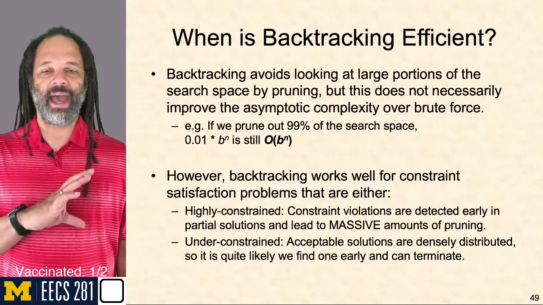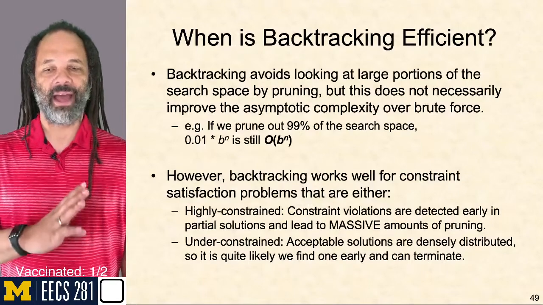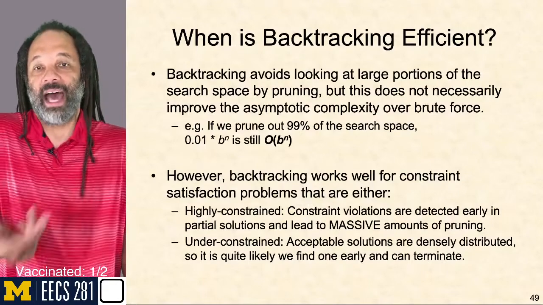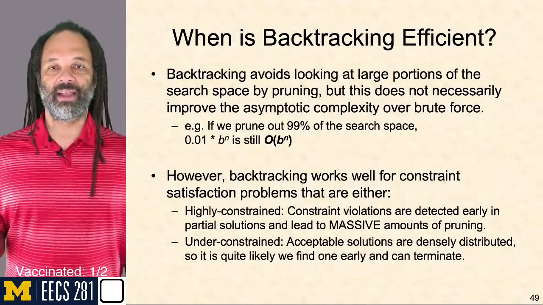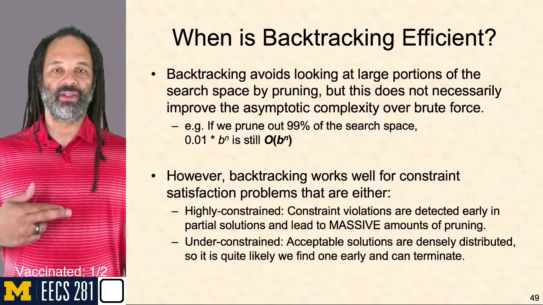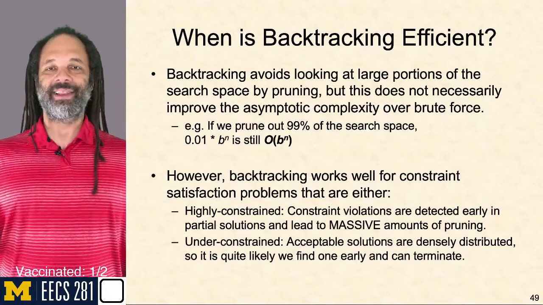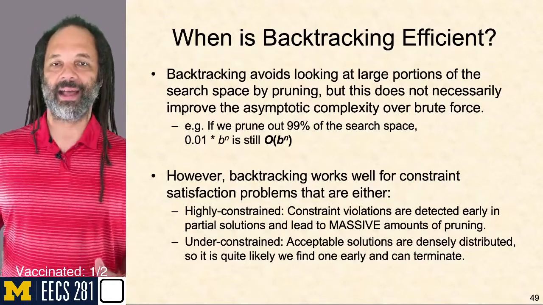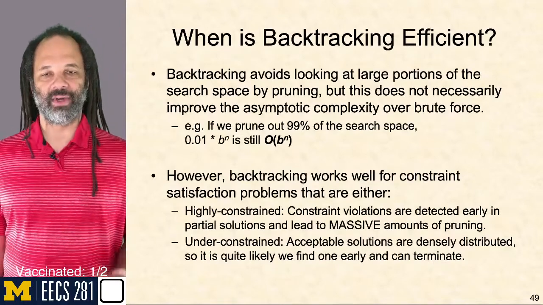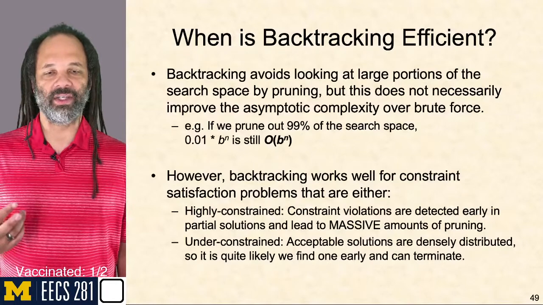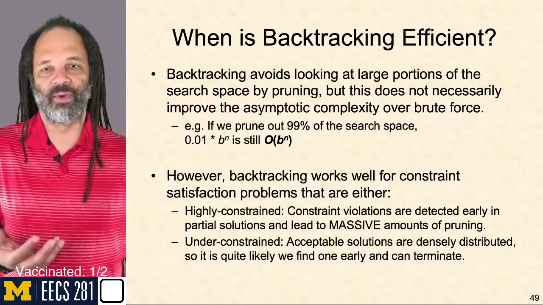Because when I've got constraint satisfaction problems, I've got a lot of constraints, and what that does is the more constraints I have, the more likely I am to violate one, the sooner I am to prune, the less of the total search space I look at. So it works pretty well when I've got a highly constrained situation. All of these violations lead to massive pruning.